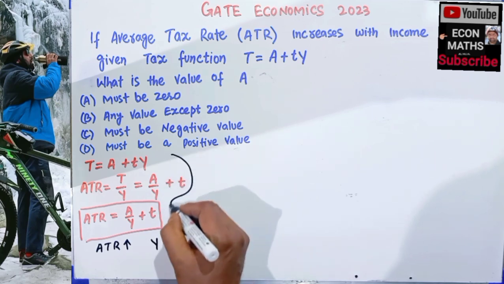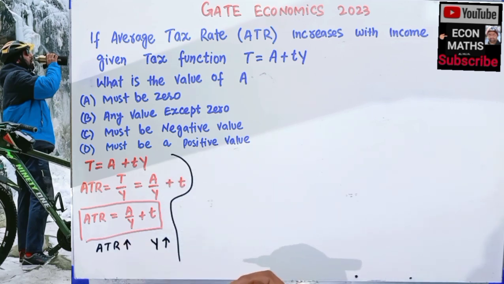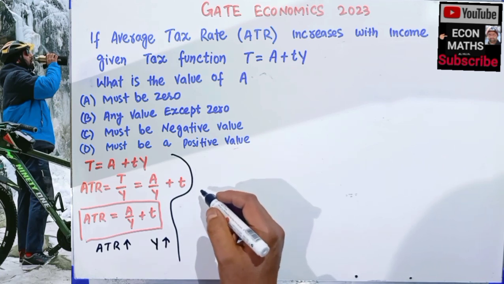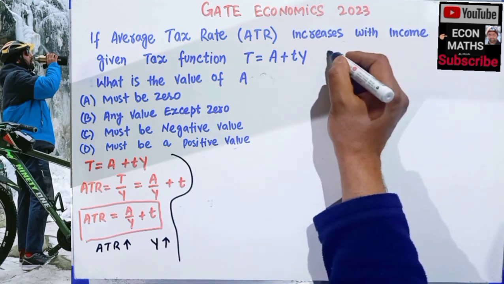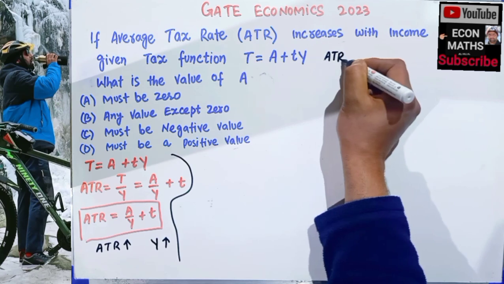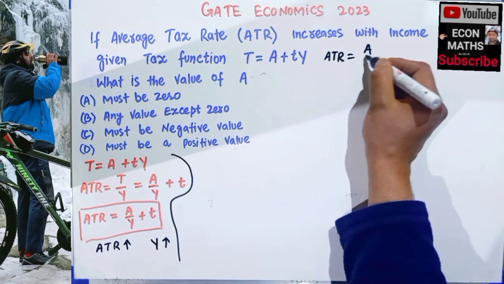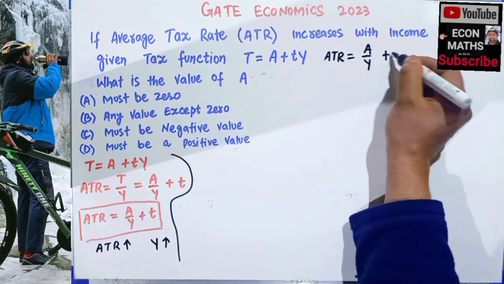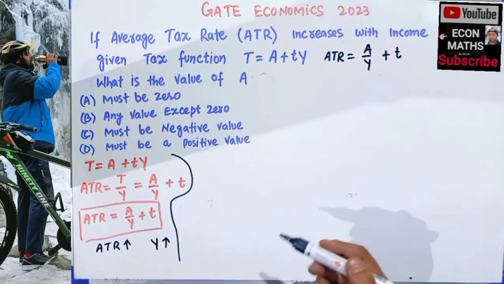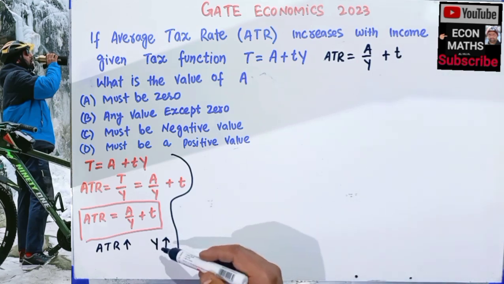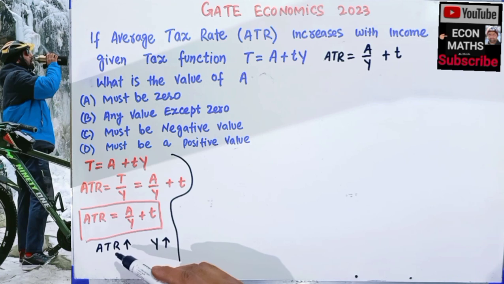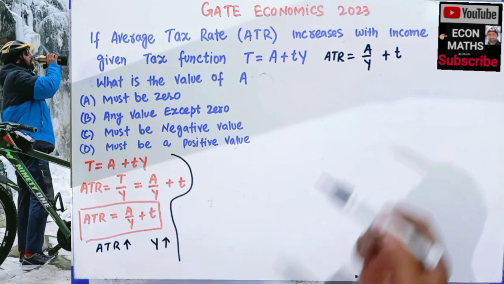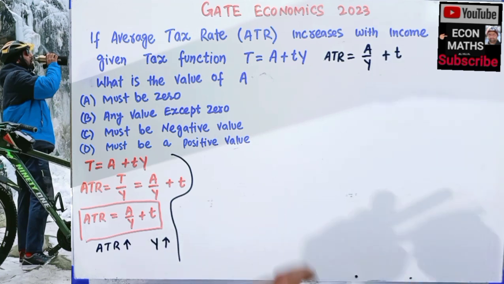We need to find out what must be the value of a here. So let me write it again: ATR is equal to a upon y plus t. We have to maintain this relationship. When income increases, average tax rate should also increase. Then what should be the value of a here?